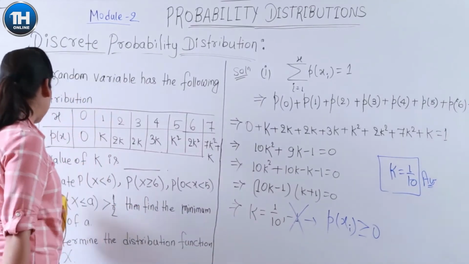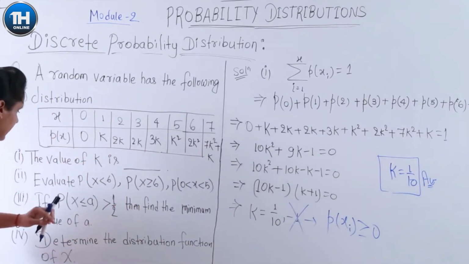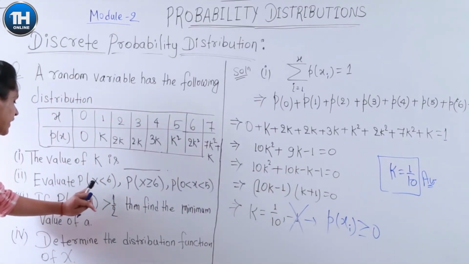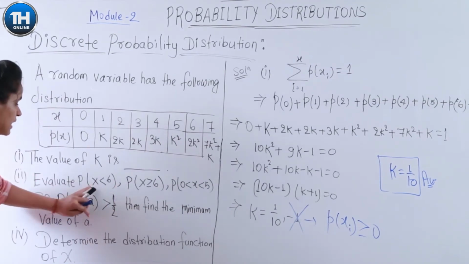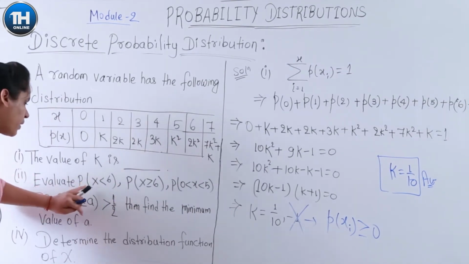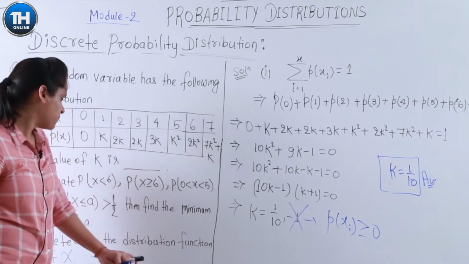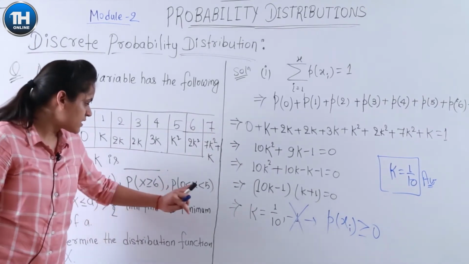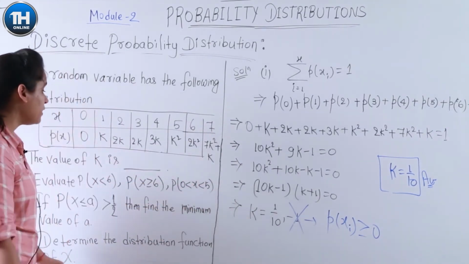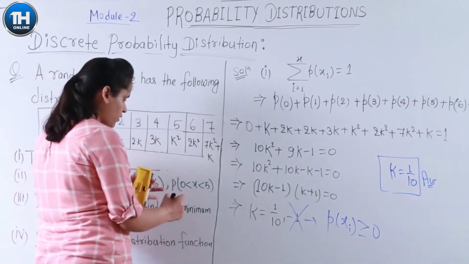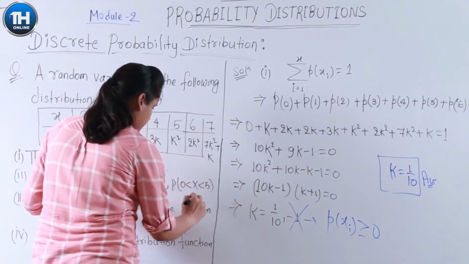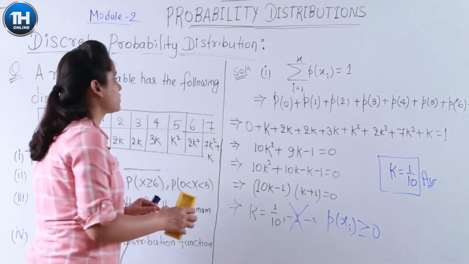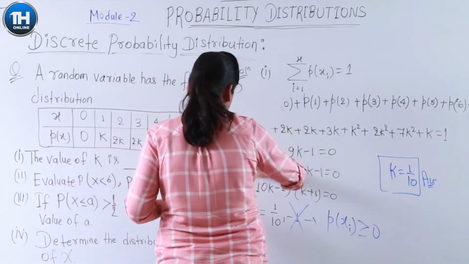Now the next bit. They are asking to evaluate the probability P of x less than 6, x greater than or equal to 6, and x in between 0 to 5. Fine, so let us do the second bit.